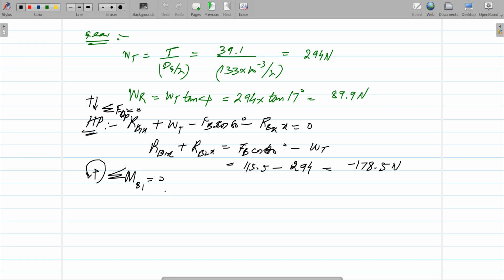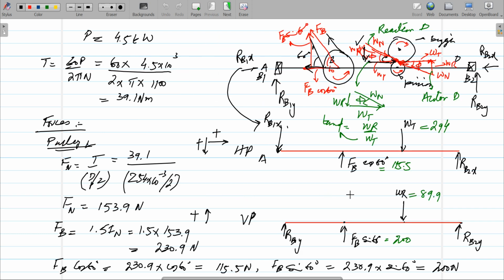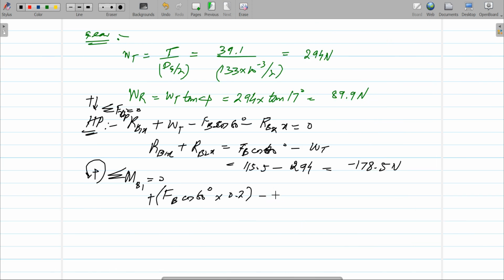So FB cos 60 degree into 0.2. That will be your one moment with the positive sign. The second moment is due to this WT, which is WT into this distance, which is clockwise. So it is negative: minus WT into 0.2 plus 0.2.